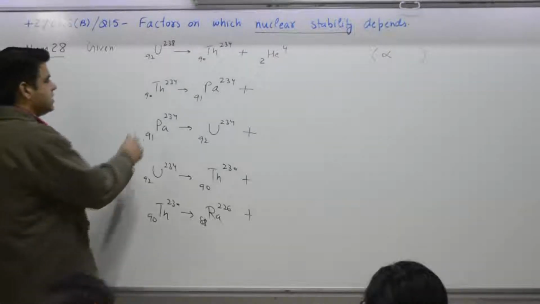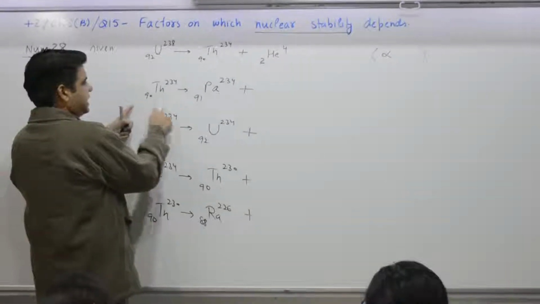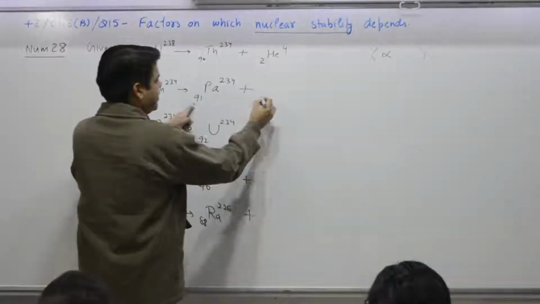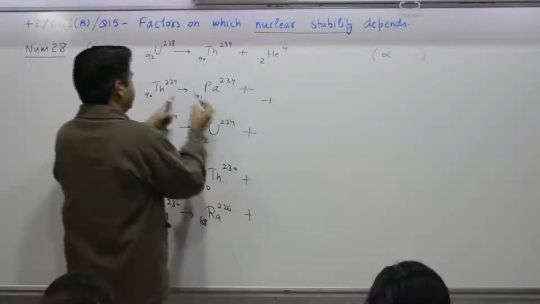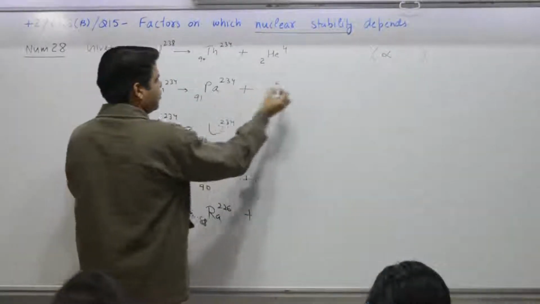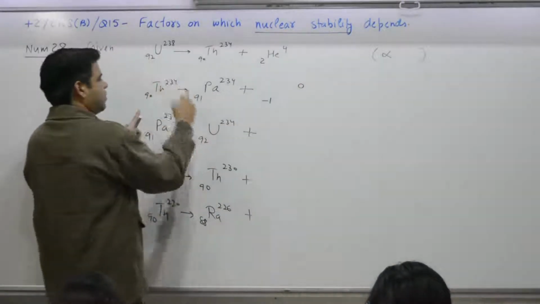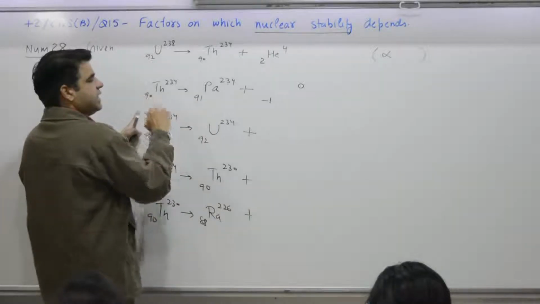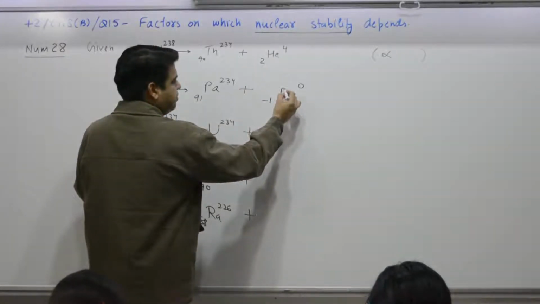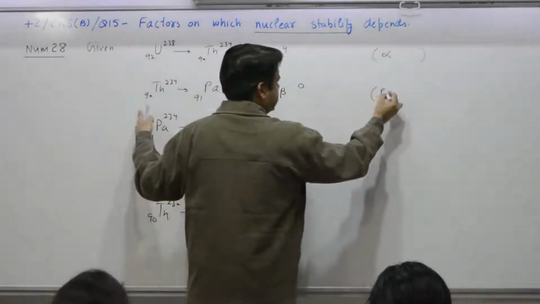Next one: on the left side it is 90, on the right side it is 91. What you need to have is minus 1. This is 234, this is 234, this is 0. 234 plus 0 on the right side is 234, and 91 minus 1 is 90. This is a beta particle, so the decay is beta.